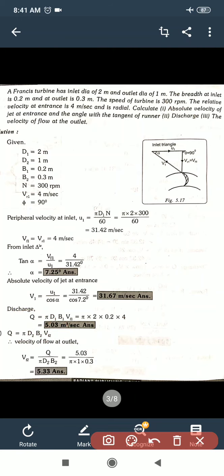So rewriting, vf2 equal to Q by pi d2 b2. Substituting the values, finally you get the vf2 value as 5.33 meter per second. In this way you can calculate the values of this Francis turbine easily. Thank you.